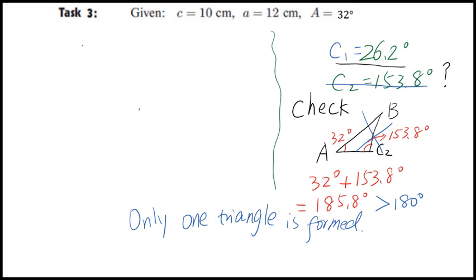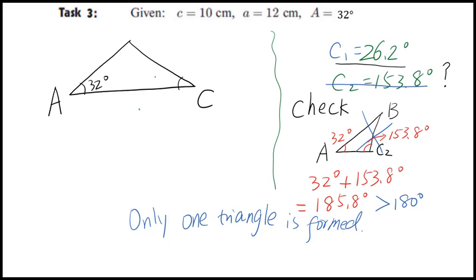Solve triangle, which means we need to know all three angles and all three sides. So we will draw this triangle with acute angle C. This is a given angle A. Here is a 32 degree.